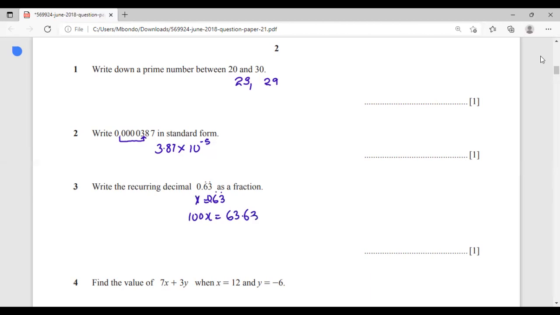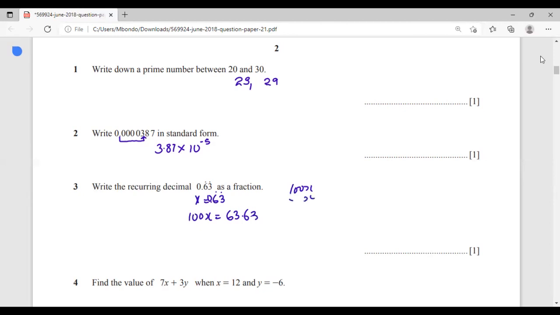Then at this point now, we need to subtract. We subtract x from 100x. All right, this is what I'm trying to say. So we say 100x minus x.